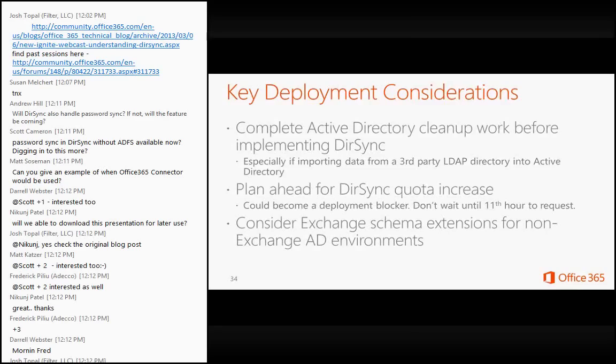So you need to make sure that you log a call, and support will ask for the output of the deployment readiness tool before they can extend that tenant. Okay, Josh.